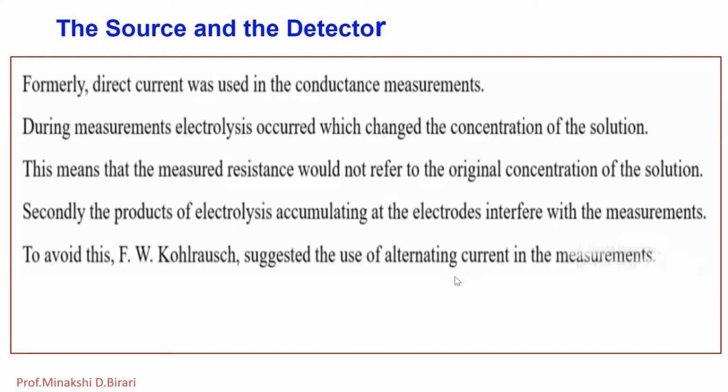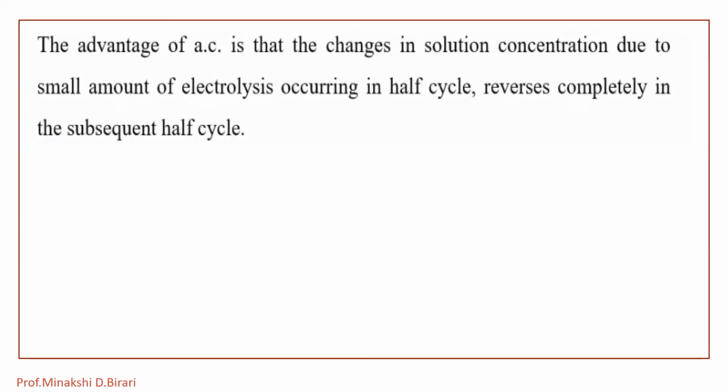A source with an output frequency of 1000 to 2000 Hz is normally used, and the advantage of AC is that the changes in solution concentration due to the small amount of electrolysis occurring in one half cycle reverse completely in the subsequent half cycle.